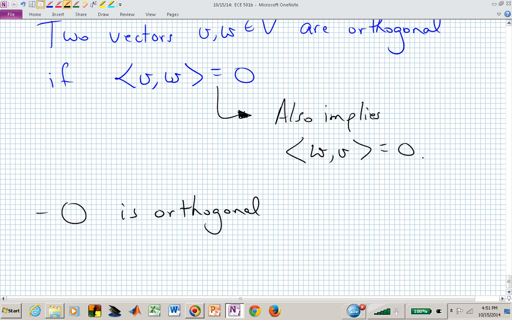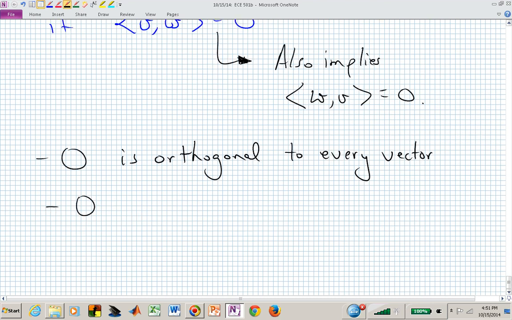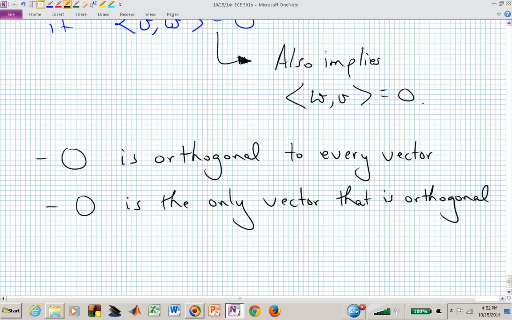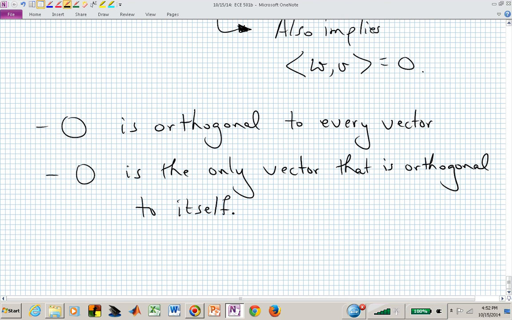So the 0 vector is orthogonal to every vector, and 0 is the only vector that is orthogonal to what? To itself. All the others are going to give us some positive value.